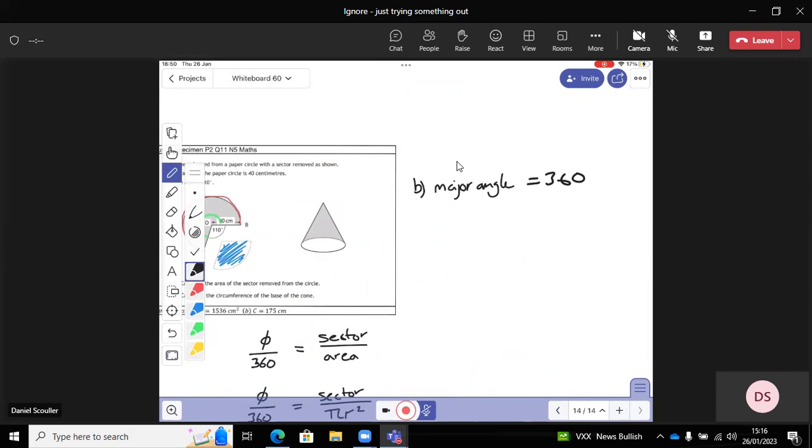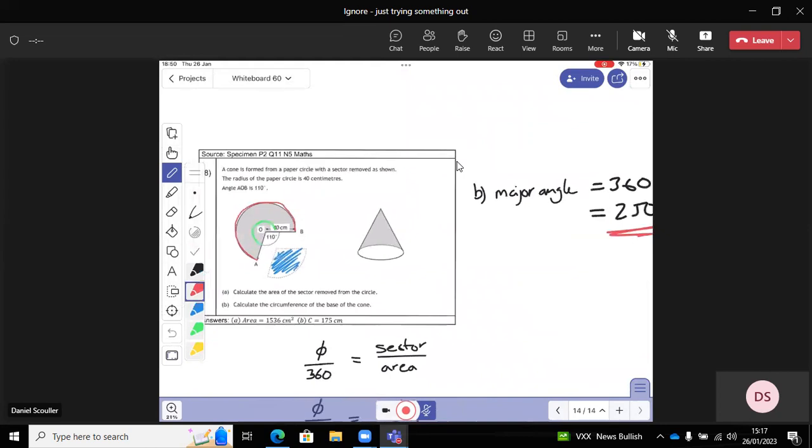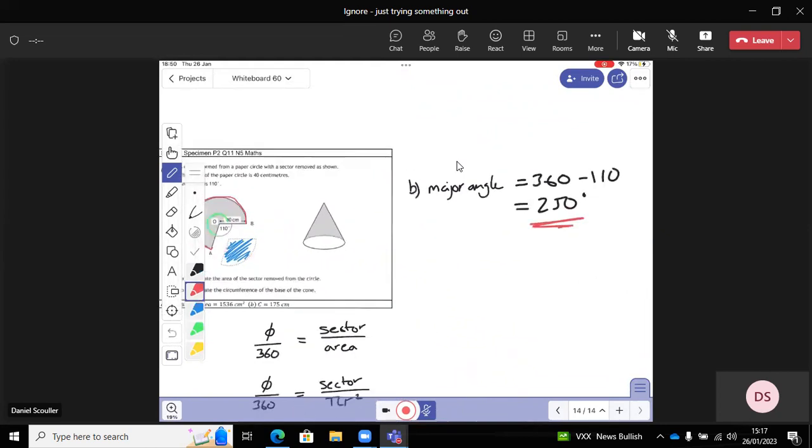So 360 is your full circle, a full rotation, minus the 110, it's going to be 250. So 250 is the angle that we use in our equation. So calculate the circumference of the base of the cone. The base of the cone will be our major arc.